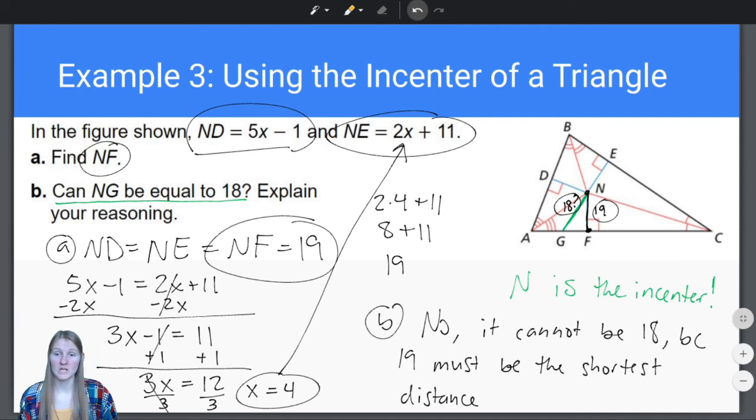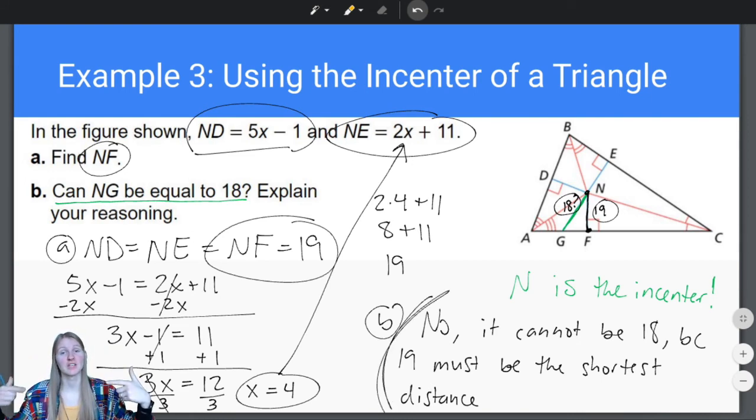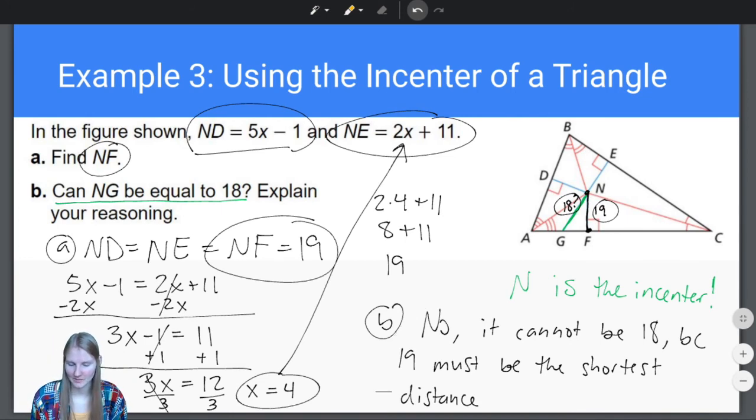So this is what we call a proof by contradiction. Now, we didn't write out enough detail for it to be a proof, but the thought process behind this is a proof by contradiction. So, you just did a proof by contradiction in some form.